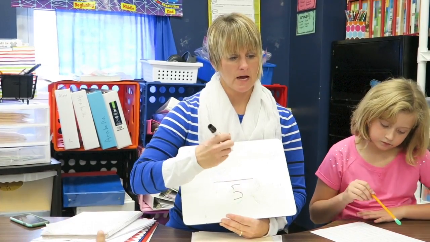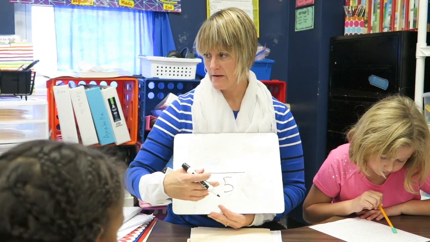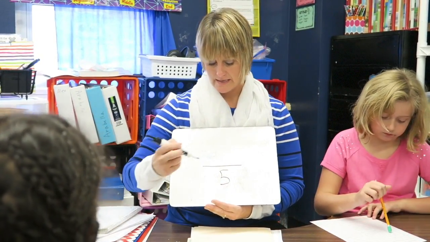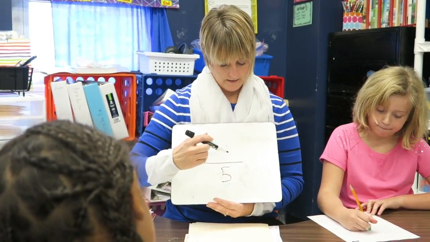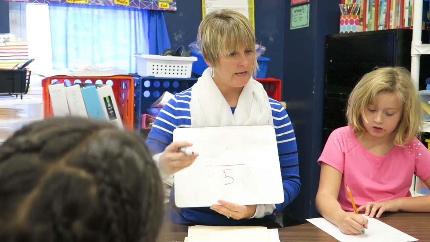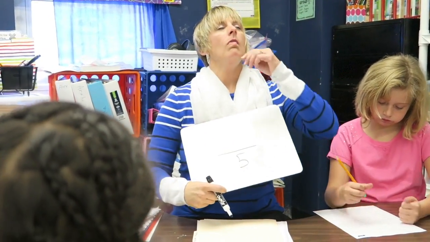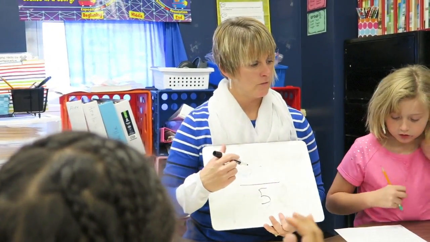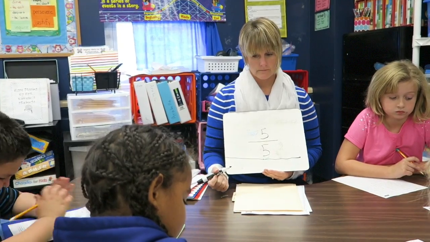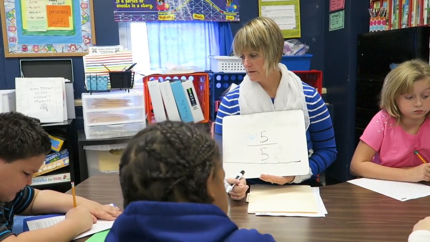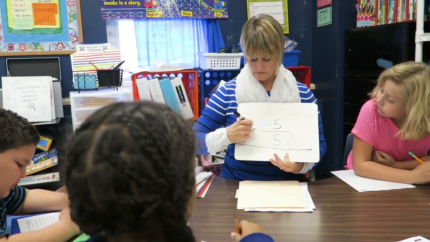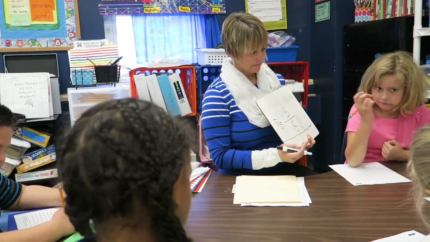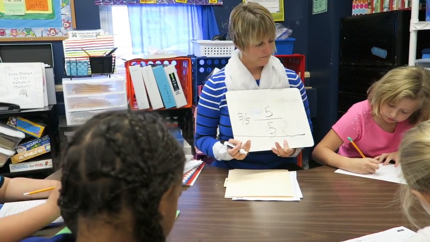The numerator means how many out of those 5. So how many out of 5 was it asking about? Number 1 says how many fifths. So how many of them equal the whole? Okay. And you can write it like this if you need to, with a little slanted line. Okay. You can write it like that.